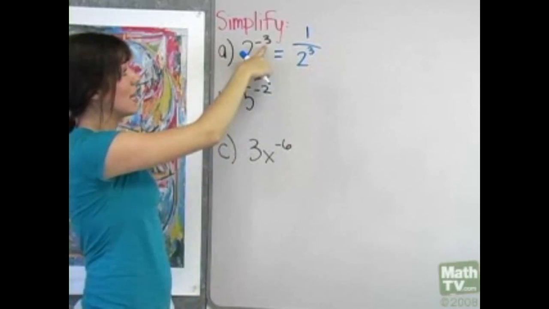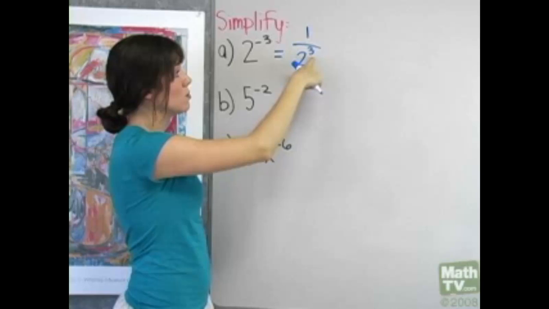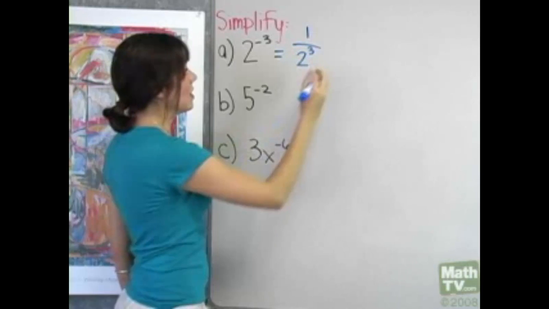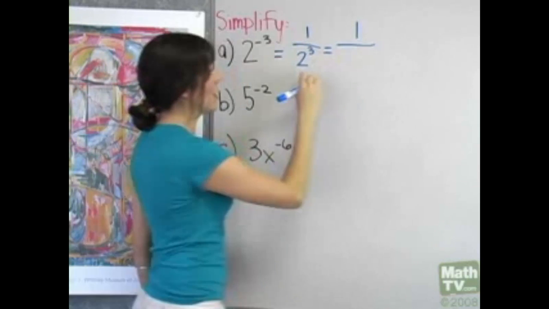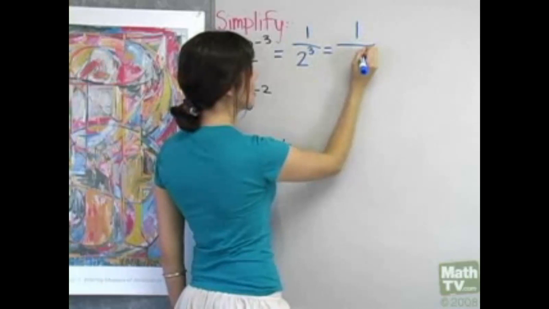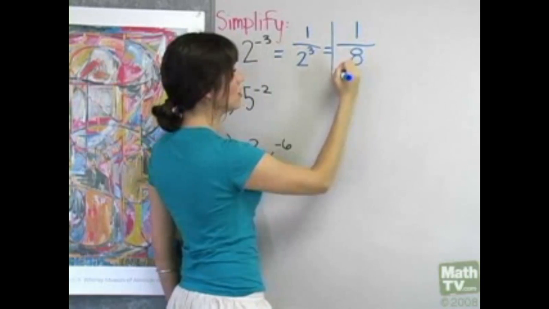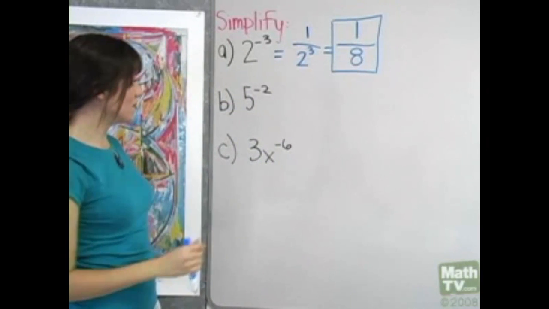So we had 2 to the negative 3, so that's equal to 1 divided by 2 to the positive 3. Then we can just simplify from there. 1 divided by 2 to the 3rd is 8. So 2 to the negative 3 is 1 divided by 8.